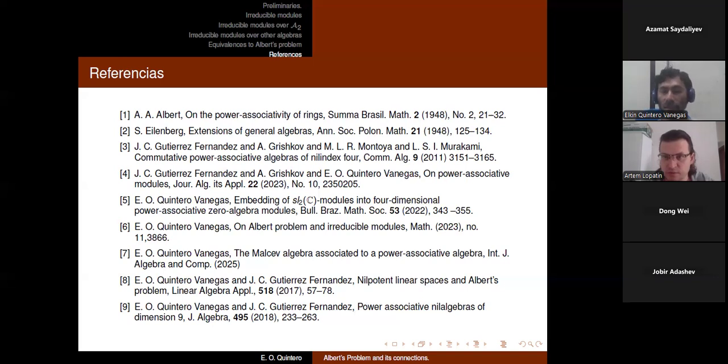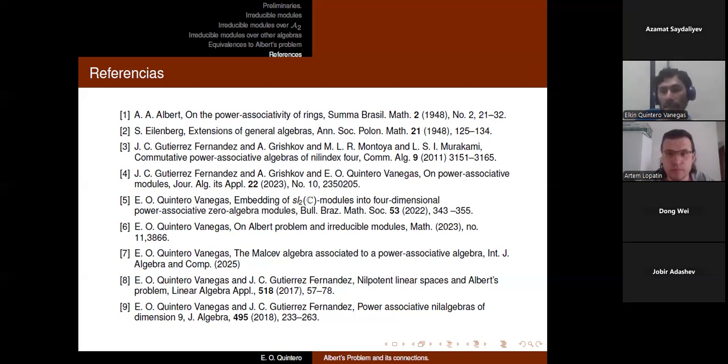In this case, the class is the commutative power-associative algebras. So until now, there are no examples of that kind of algebras. I guess that they do not exist, but it is not proven, and until now, there are no examples that show a simple nil algebra in the class of commutative power-associative algebras.